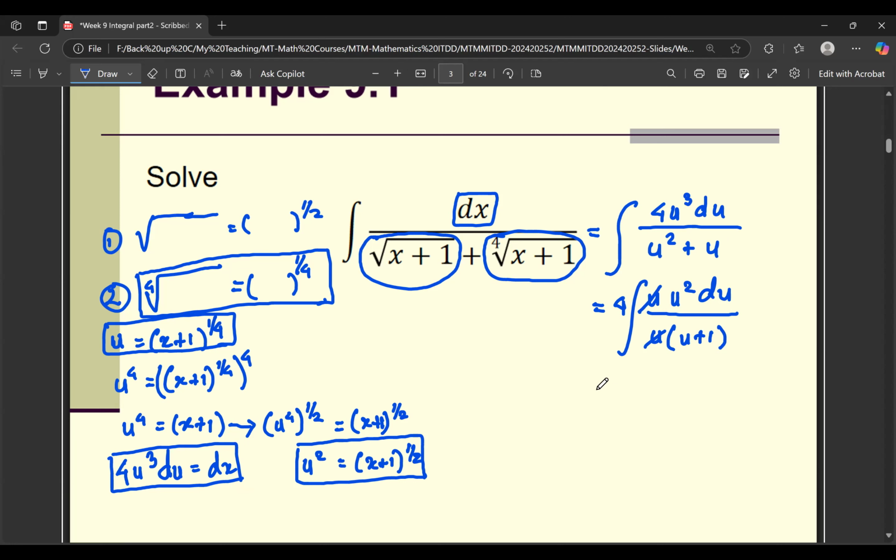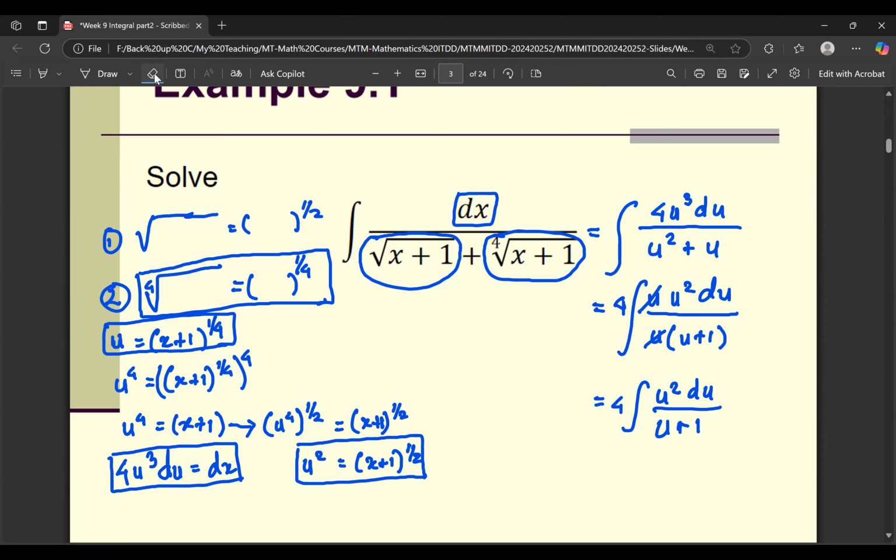So we have 4 u square du divided by u plus 1. Okay, we have this result.